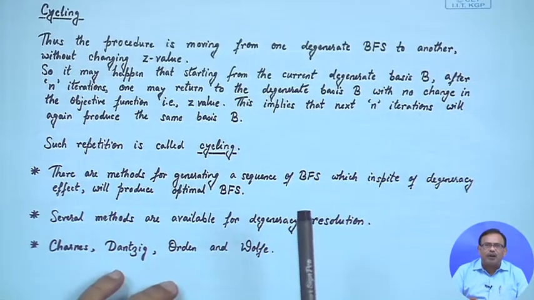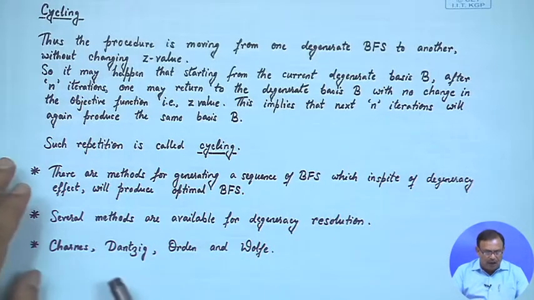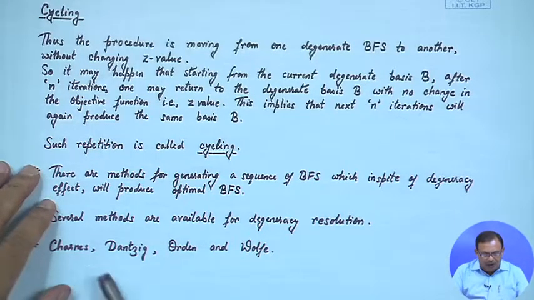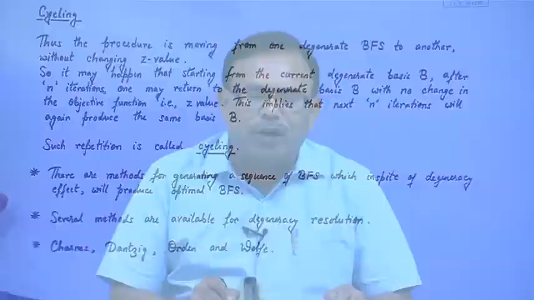But there are several methods available for degeneracy reduction, like Charnes, Dantzig, Orden and Wolfe. Various methods are available, but we will discuss only one of them.